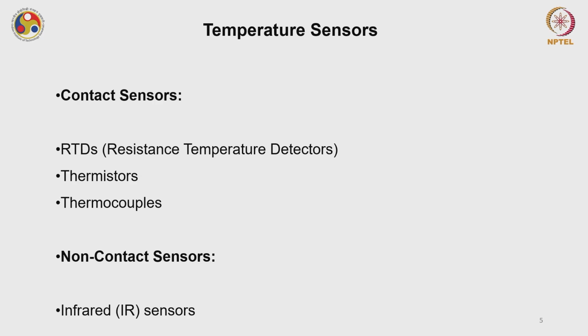There are also some non-contact sensors, which are very interesting, for example infrared sensors. In this COVID-19 scenario, you might have seen people checking the temperature or fever level of a person using a gun-like structure. Those were basically infrared temperature sensors. In this course we are going to discuss some of these sensors in a little detail.